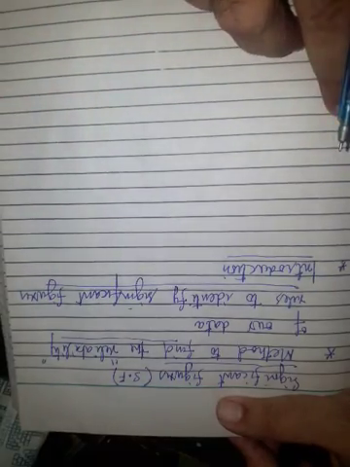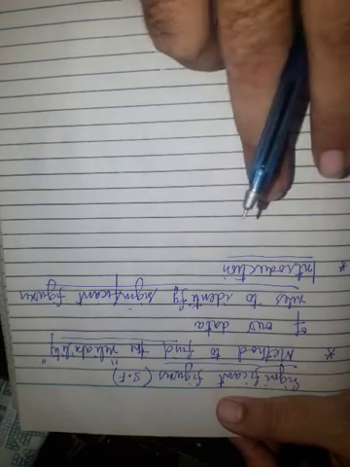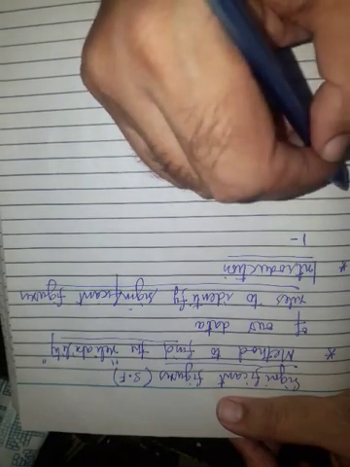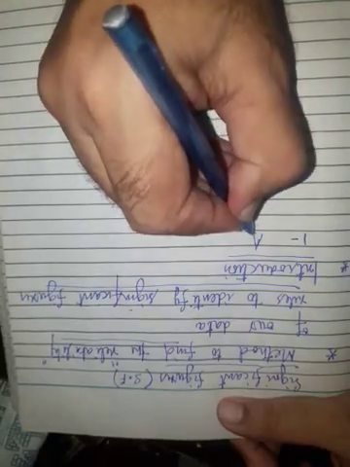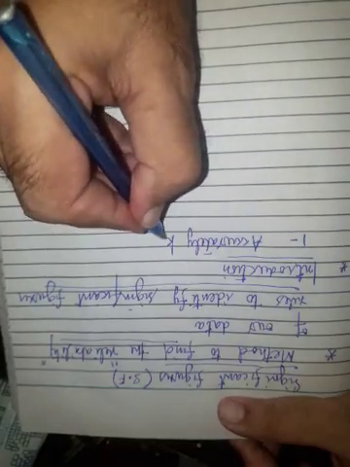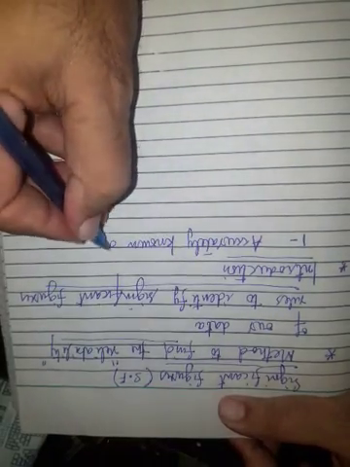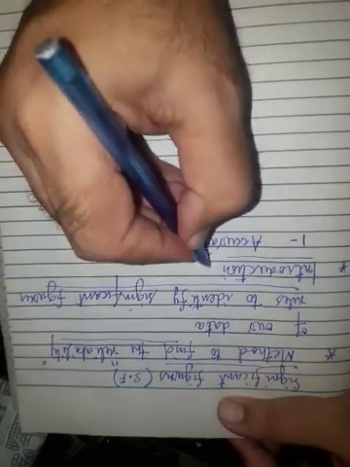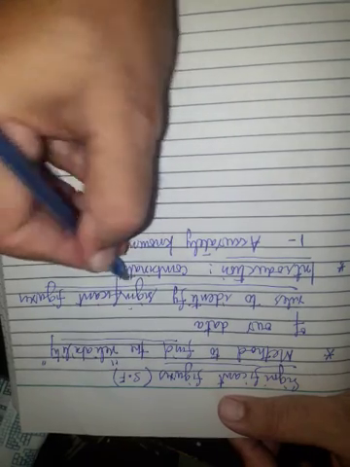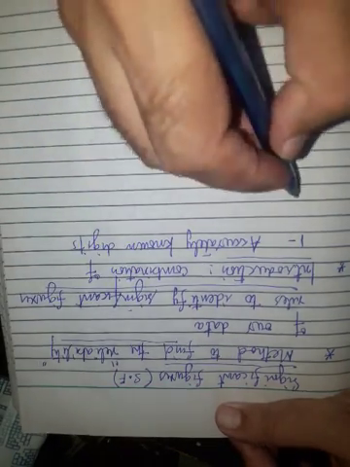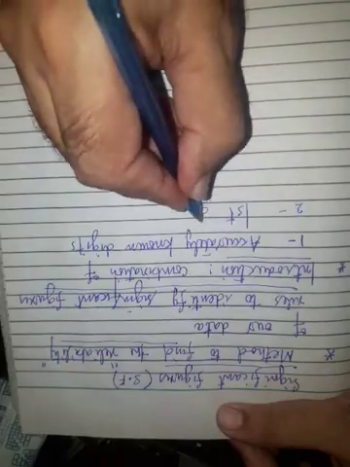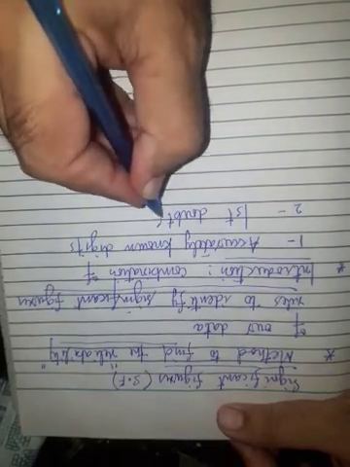What is significant figures? How can it be defined? There are two important parts of its definition. First, accurately known digits, combination of number one, accurately known digits, and number two is first doubtful digit.